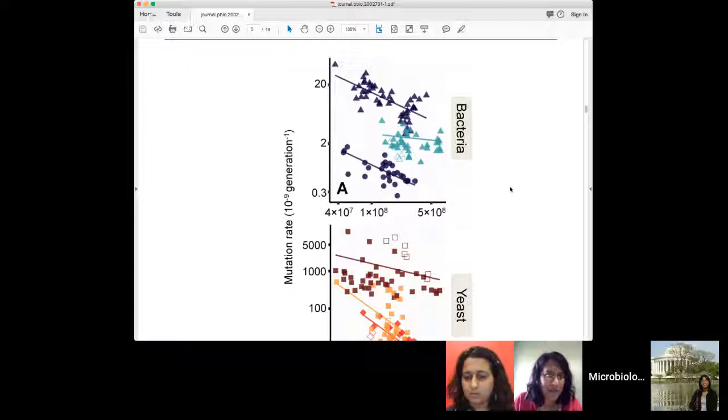So from this, they can basically say, okay, E. coli shows this density-associated mutation rate plasticity. Pseudomonas, at least in the conditions we used, we don't see it. And I think that's an interesting question because now you're trying to figure out what's influencing this.